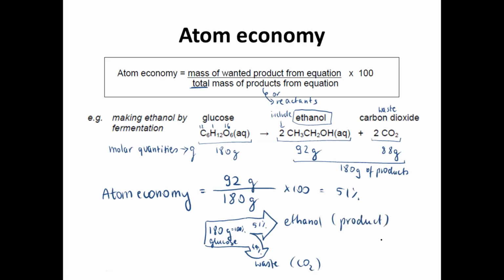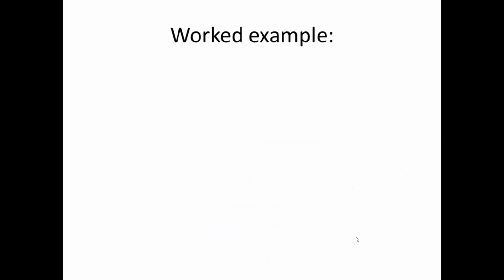So what that means is, if I'm a manufacturer and I spend money on that 180 grams of glucose, and half of that money is going down the drain as waste, I'm not going to be very happy, am I? So I'm going to look for maybe a better process.